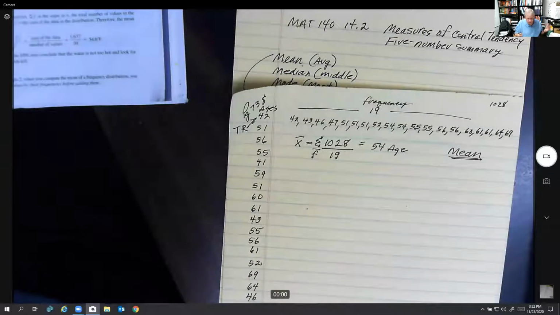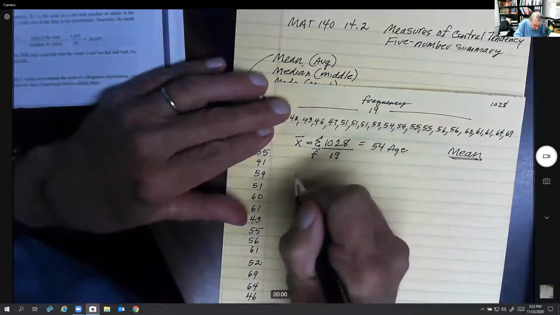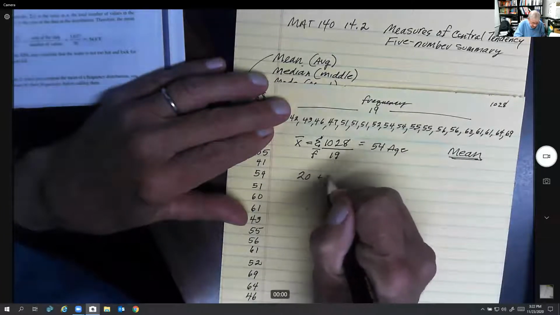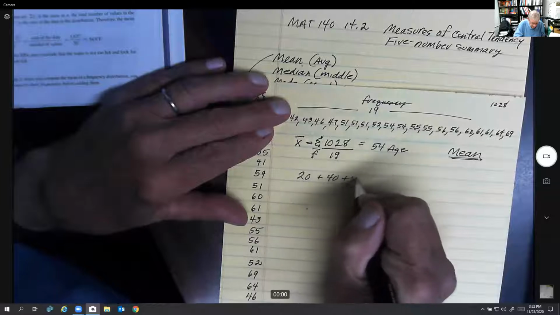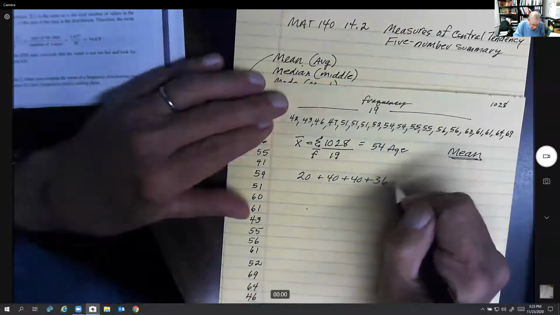So that is what the mean is. It's very simple. If you had your quizzes, you add up all your scores, and then you divide by how many scores. Let's try another one. Say you had 5 scores: 20, a very low score, then a couple of 40s, a 36, and one more score, 38.